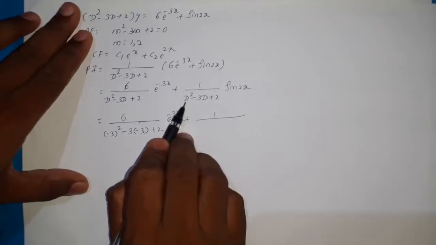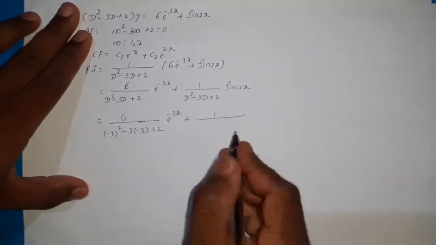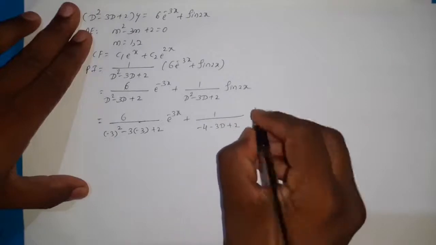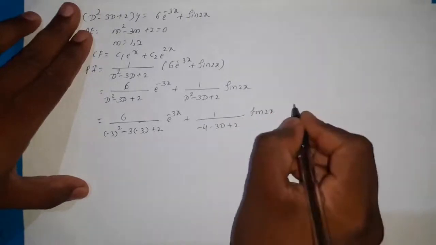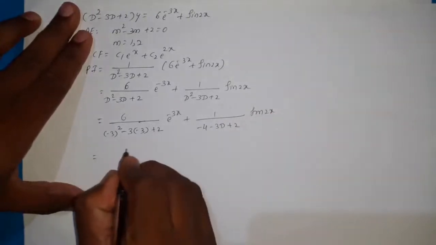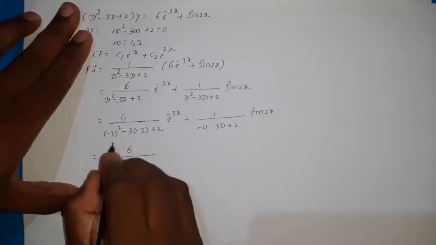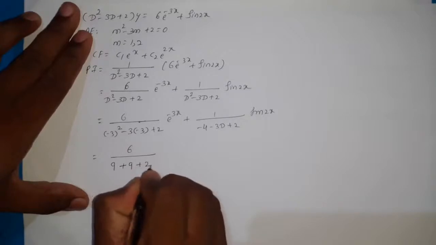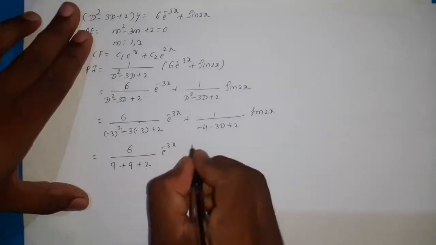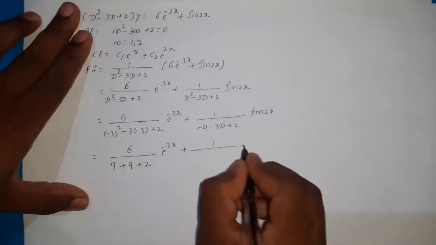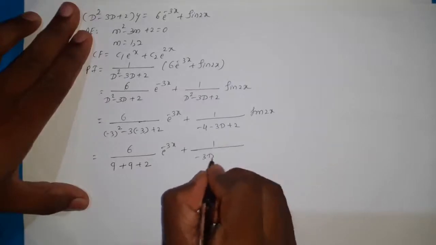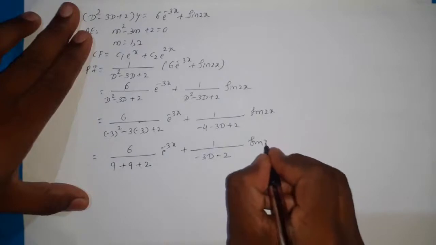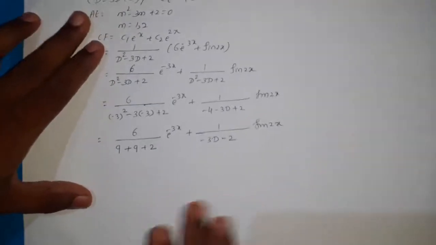So here D square is minus a square means minus 4 minus 3D plus 2 sin 2x. Then it is 6 divided by 3 square 9 plus 9 plus 2 e power minus 3x. Here minus 3D and minus 4 plus 2, that becomes minus 2 sin 2x.